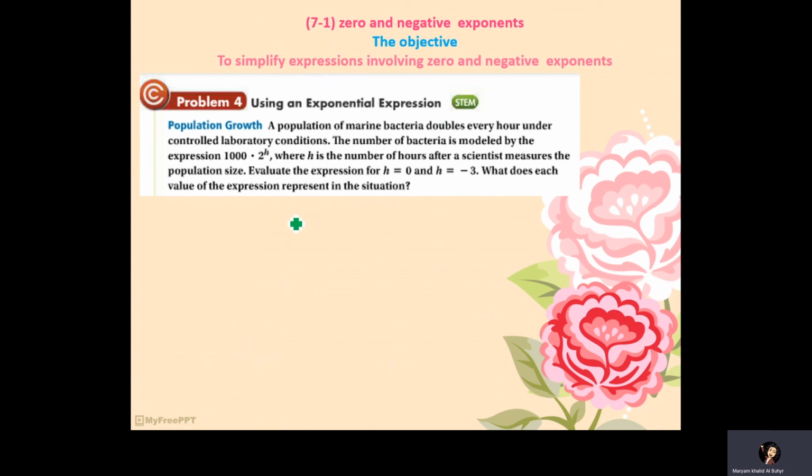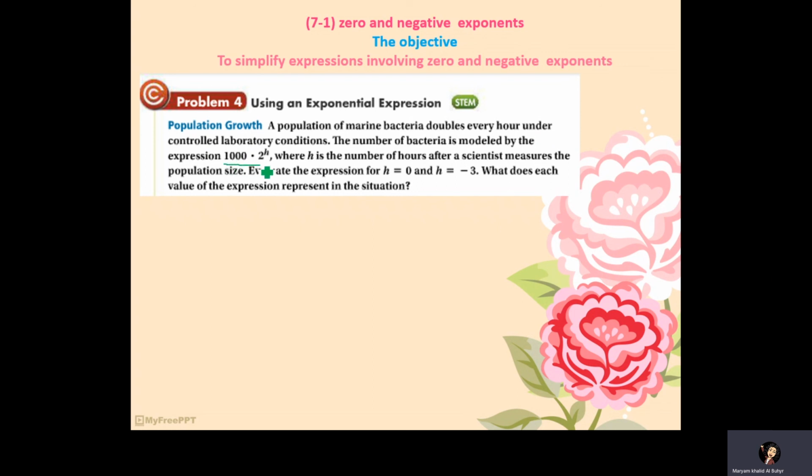In this problem, we have just an exponential expression representing a situation in our life. So I have here a population of marine bacteria doubled every hour under controlled laboratory conditions.